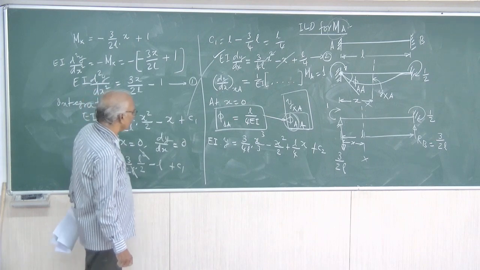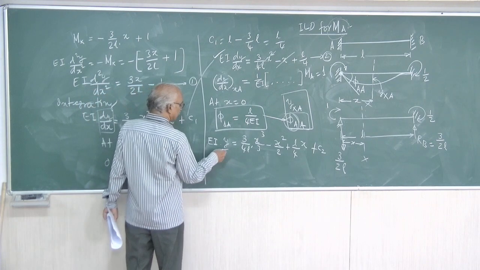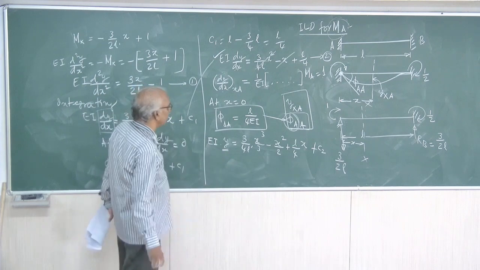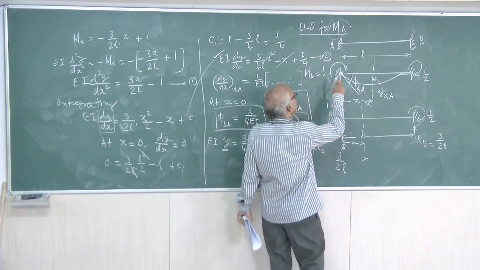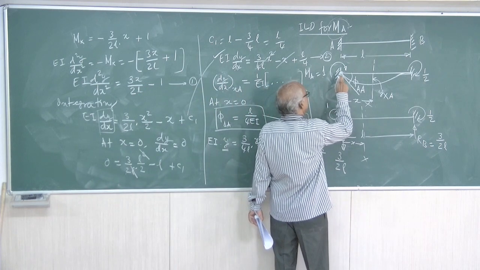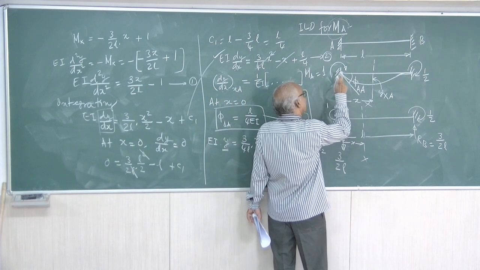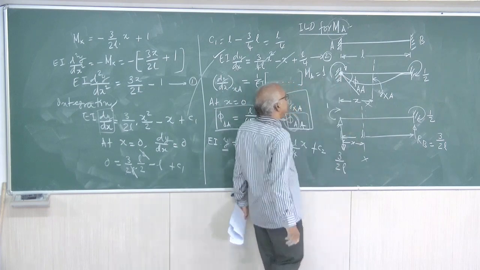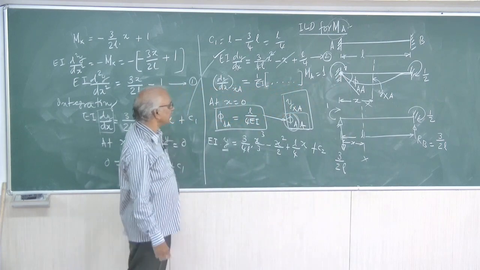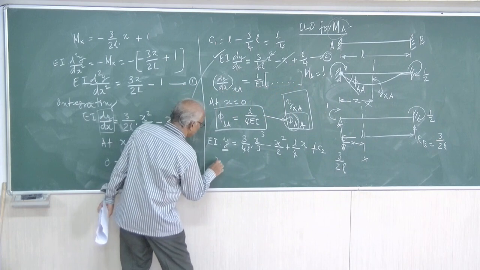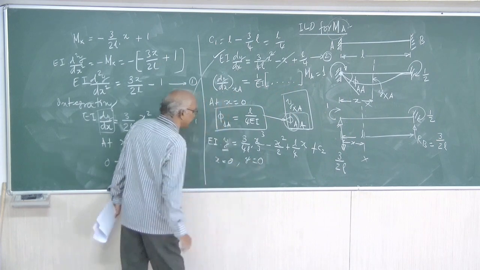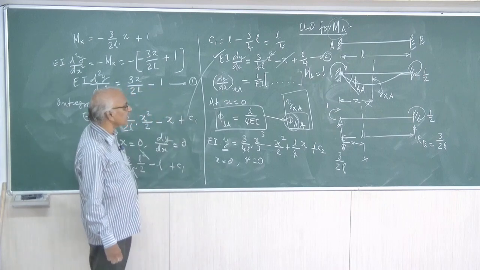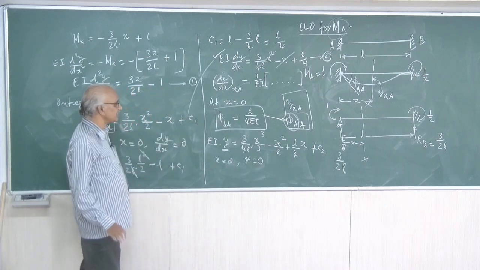Right. Now, to evaluate the constant, we must know the value of y at some point. Here we have only introduced a hinge, so moment carrying capacity is lost, but y is 0. It will maintain that level. Therefore, when x equal to 0, y equal to 0, because at A we have removed only the moment carrying capacity; the support remains at the same level.